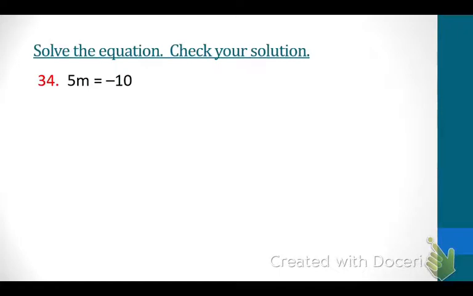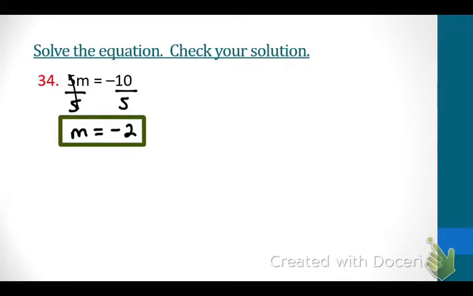Next one, Einar, 5m equals negative 10. What should I do? Divide each side by 5, and what do you get? M equals -2. Excellent. How do I check that? We just did 2 examples just like it.